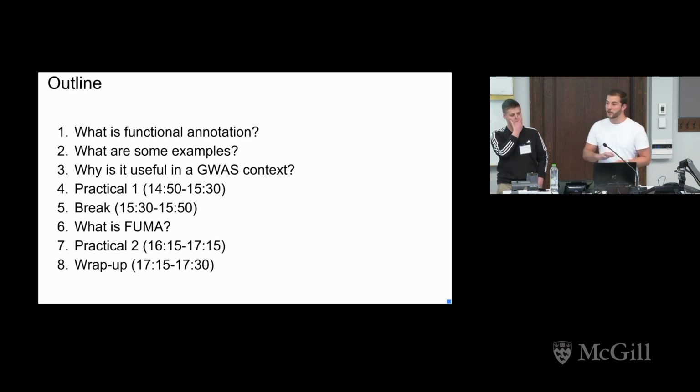Then we have a small practical and a break afterwards. And after the break, we're going to talk about FUMA, which is a tool that does a lot of the things that we're going to do now just automatically for you. So it's quite a nice tool, we think. And then we're just going to wrap up. This is the general schedule, but it might be a little bit quicker depending on how fast the practicals go.